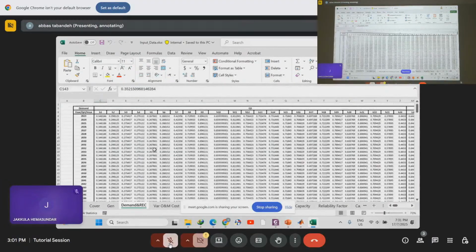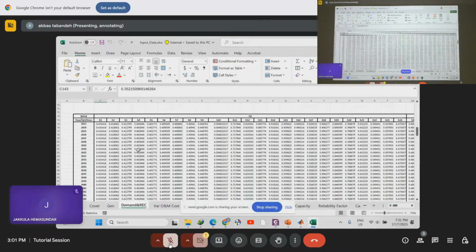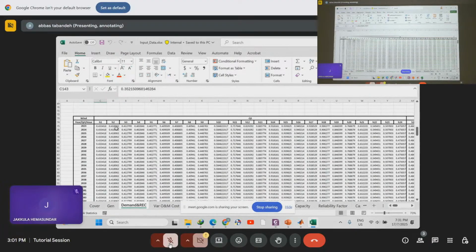And similarly for the wind turbines, because the wind speed is different over the 24 hours of a day, we have calculated them. Another important thing that you should note is that we have normalized them, converting them to multipliers or factors.